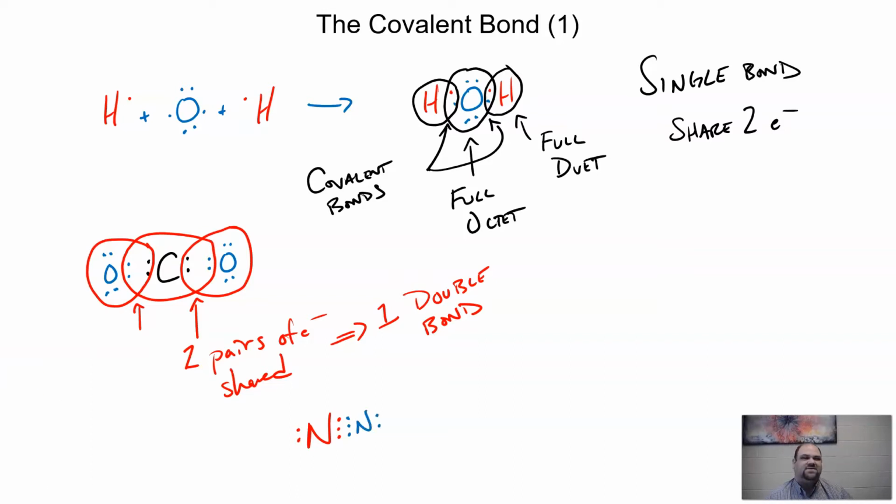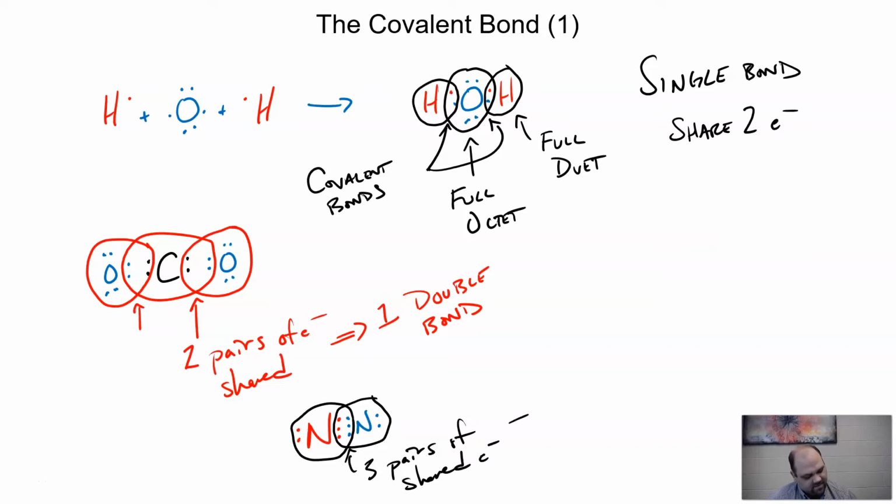Each nitrogen has 5 valence electrons, and so they have to share 3 electrons in order to get a complete octet. But if we look, each of these nitrogens has 8 electrons around it, and now we're sharing 6 electrons, or 3 pairs of shared electrons. That means that we have a triple bond.